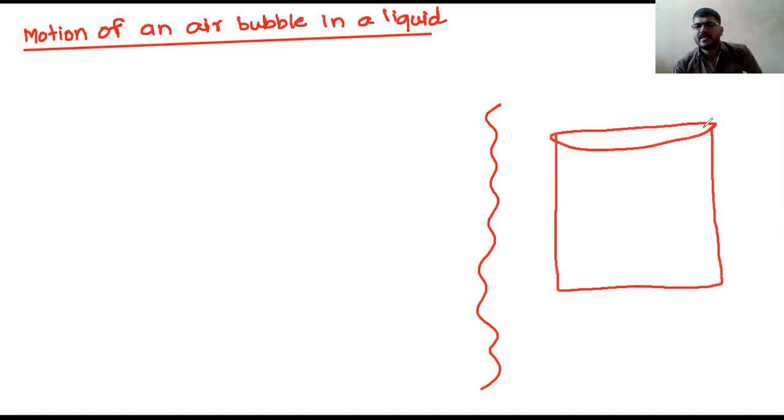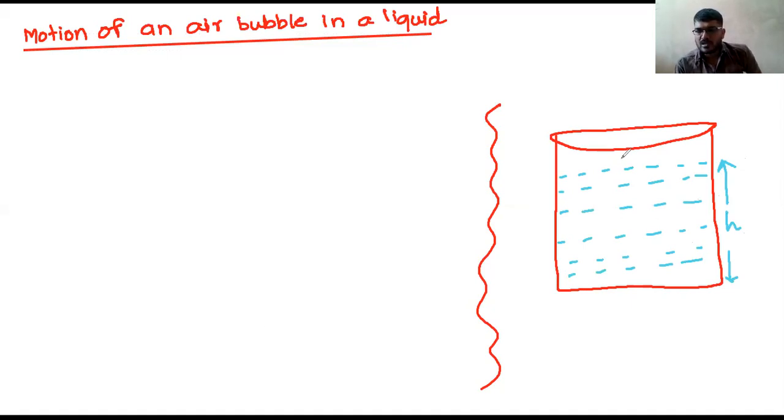This is the open container in which liquid is filled. This is the liquid, and it is filled till height h from the bottom. This is the depth we can see.